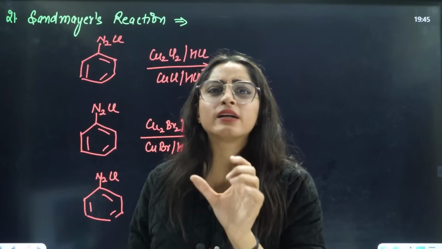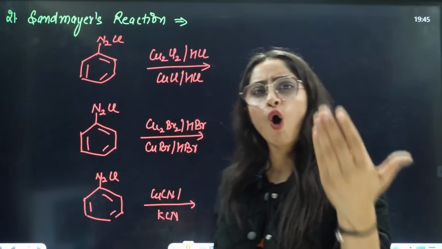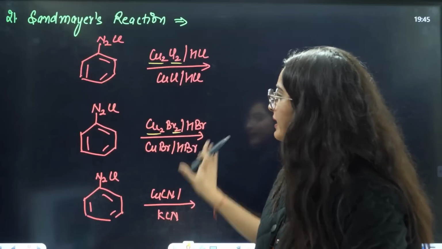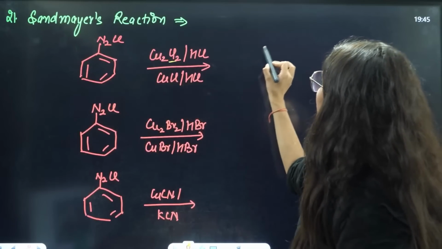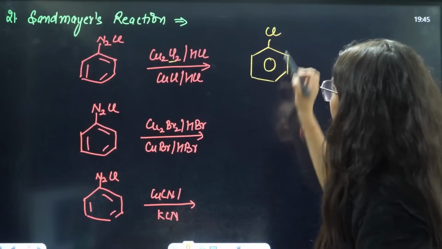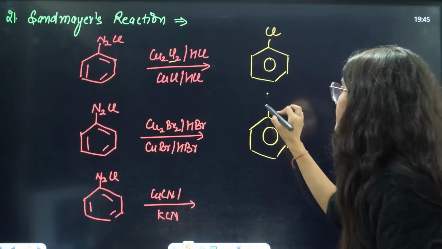And there is a very slight difference in the reagent. In Sandmeyer, you use salt. Salt means salt of copper with chloride or copper with bromide. If you have chloride here, you will have the formation of chlorobenzene, right? If you have bromide here, you will have the formation of bromobenzene.